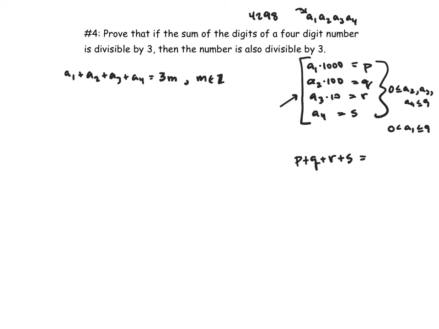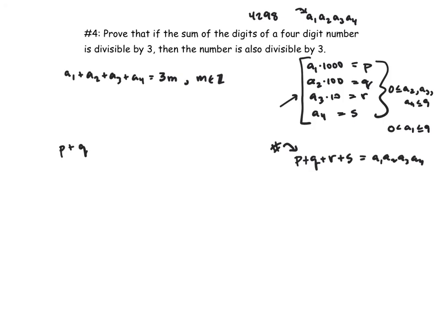That is just going to equal the actual number, A1, A2, A3, A4. So if I can show that P plus Q plus R plus S is divisible by 3, then we can determine that the number itself is divisible by 3. So this is the number. So let's do a little proof.